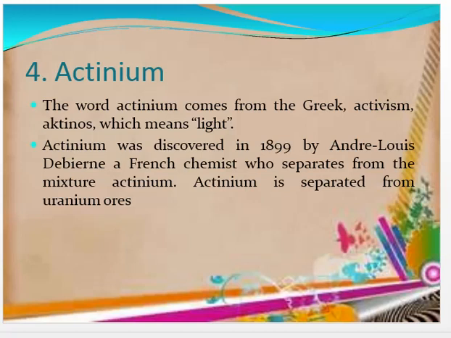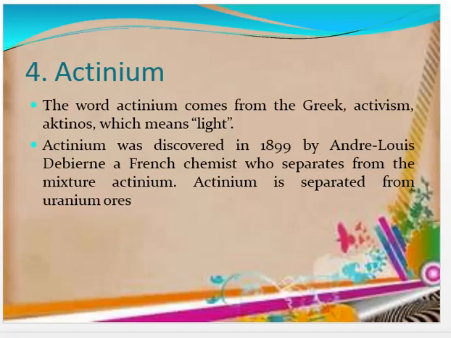Actinium. The word actinium comes from the Greek aktis, aktinos, which means light. Actinium was discovered in 1899 by André-Louis Debierne, a French chemist who separated it from a mixture.